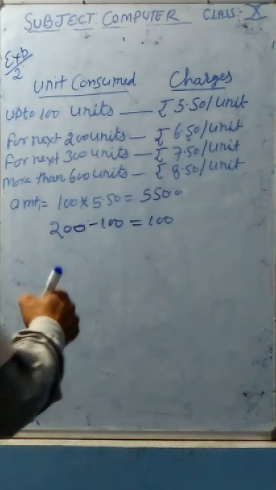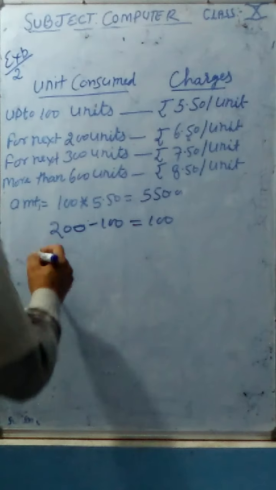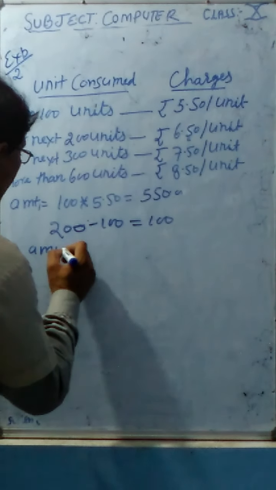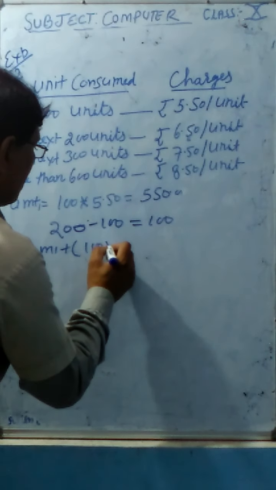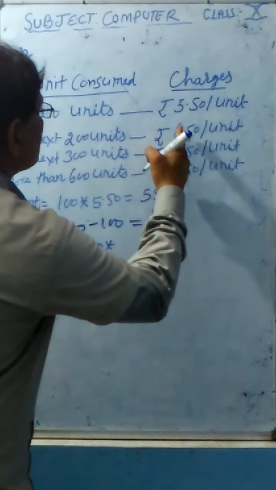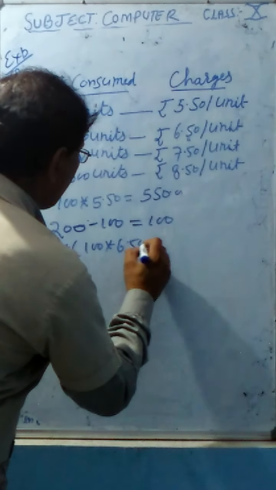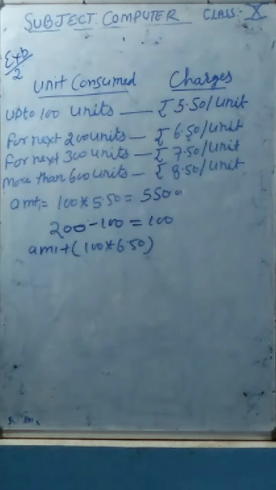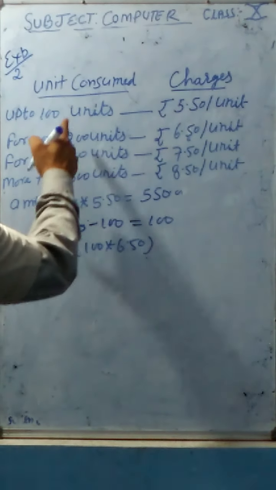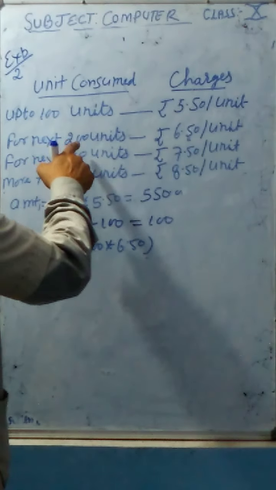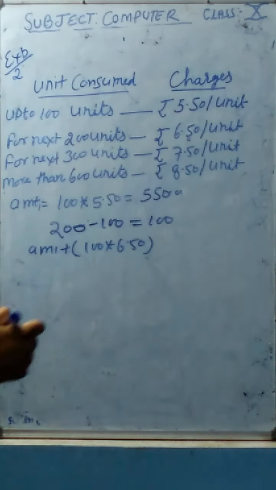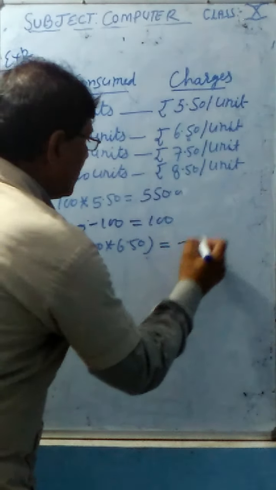Then it will calculate this amount 1 plus 100 multiplied by 6.50 per unit, meaning the first 100 units are charged the same, and for the last 100, when you subtract the 100 units, you charge at 6.5, then the amount will be paid.